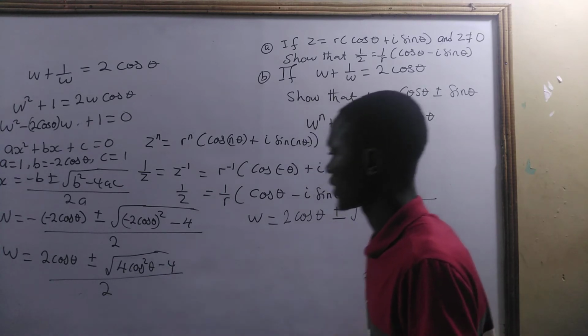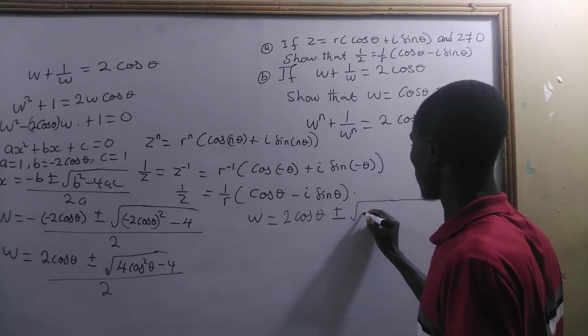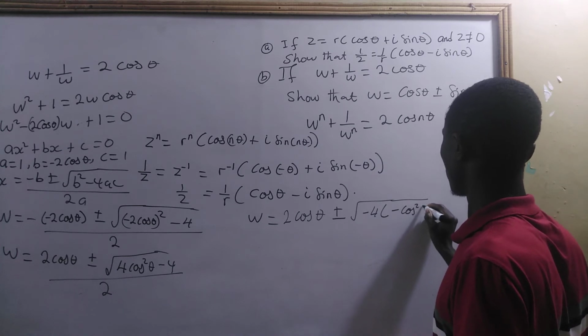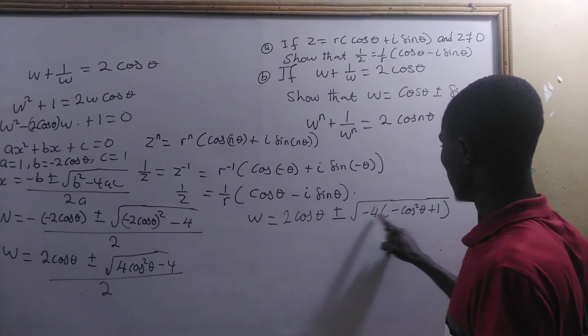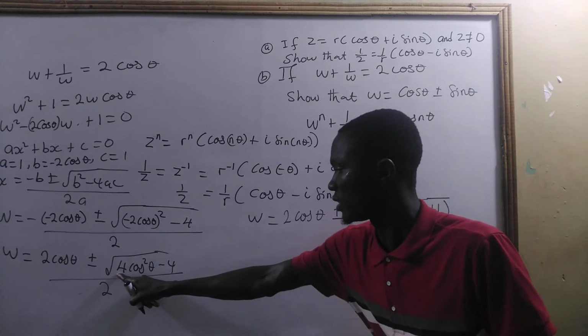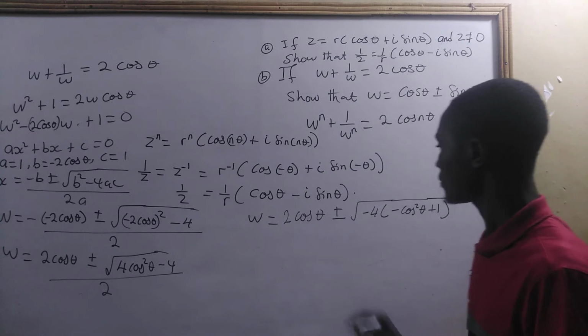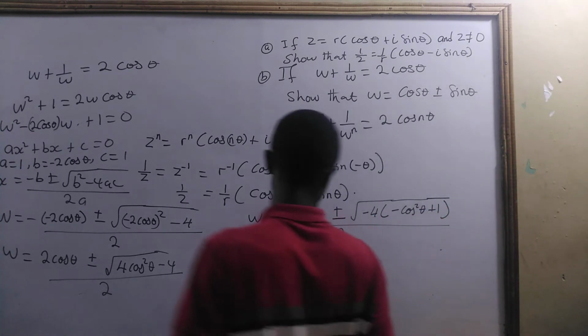Now if we come here, let's factorize minus 4 out. So you have minus 4 times negative cosine squared of theta plus 1. Negative times negative will give us positive, and negative times positive will give the negative we have there, all divided by 2.